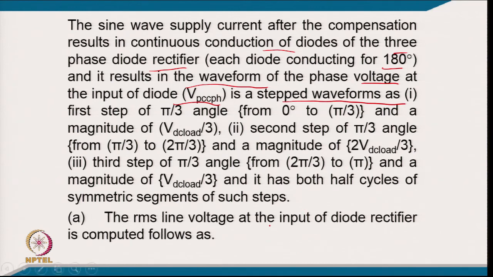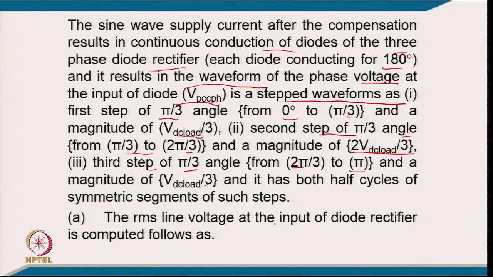The first step is of 60 degrees, pi by 3 angle, from 0 to pi by 3, with magnitude VDC load by 3, and the second step of pi by 3 angle, from pi by 3 to 2 pi by 3, with magnitude 2 VDC by 3, and the third step of pi by 3 angle, 60 degrees again, from 2 pi by 3 to pi, with magnitude VDC by 3. It has symmetric segments of such steps for both half cycles.